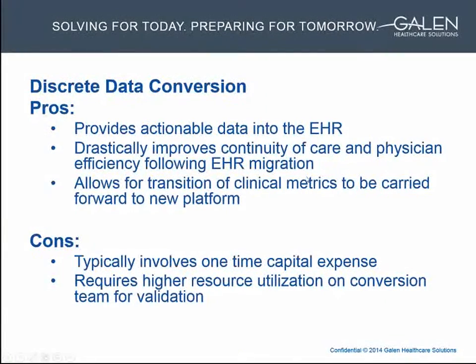Some of the cons would be that this typically involves a one-time capital expense. So, probably not a newsflash, discrete data conversions aren't free, and it also requires higher resource utilization on the conversion team for validation.